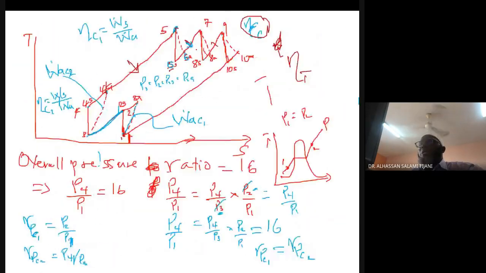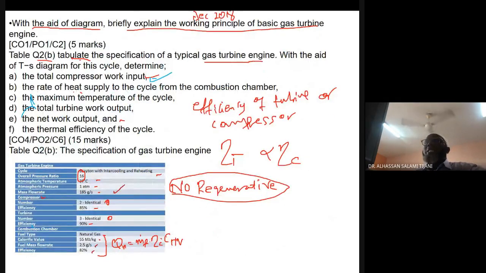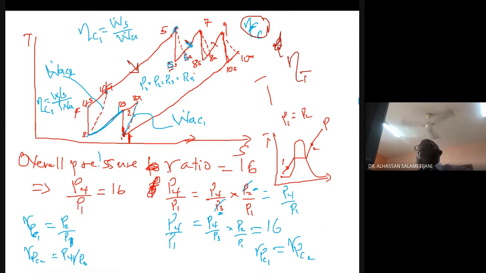So now the next question: we have found the rate of heat supply from the combustion chamber, and now we want to determine the maximum temperature in the cycle. Where do we have the maximum temperature in the cycle? Can anyone guess?